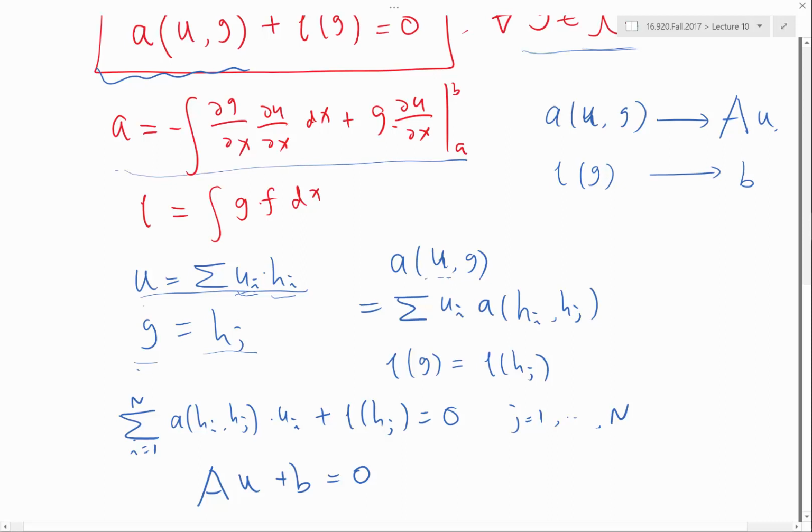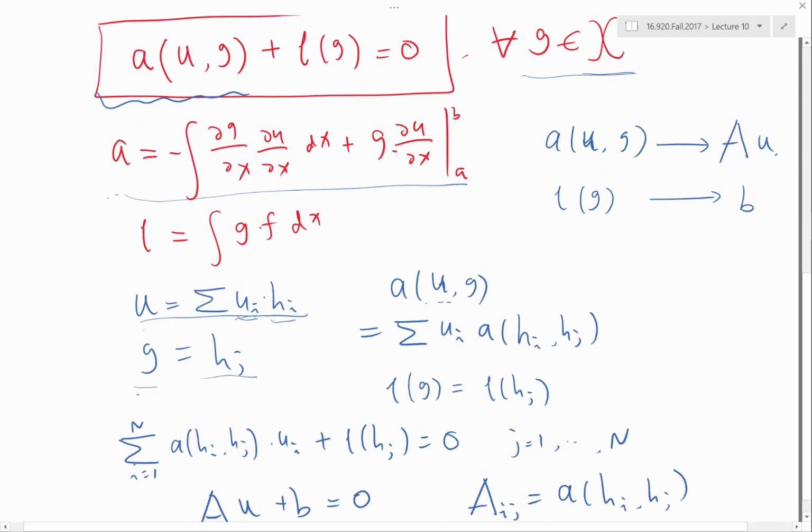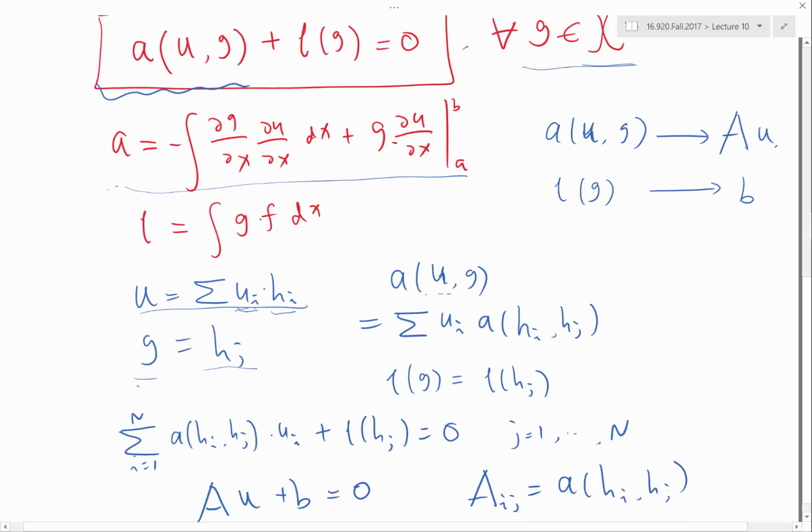Make sense? And this A, the matrix A, Ij, is basically equal to the same what we call bilinear form applied to Hi and Hj. So this A is what we call a bilinear form because it has two arguments. That's where the bi comes from, right?